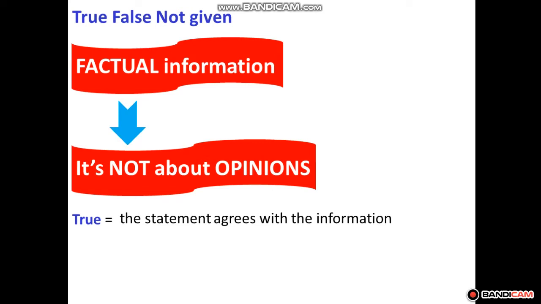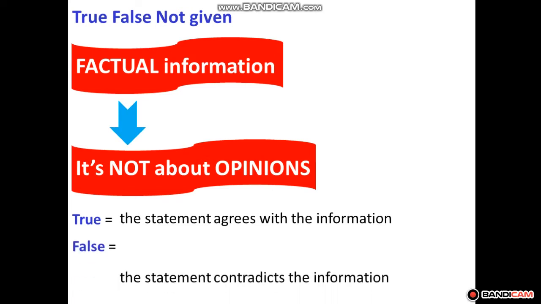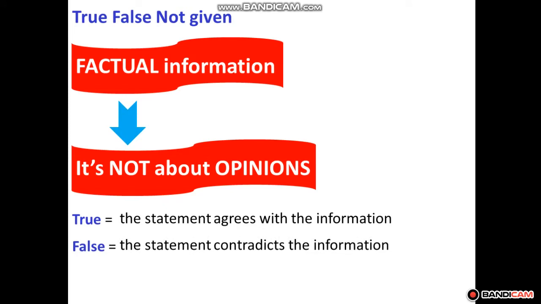False means the statement contradicts the information given in the passage. And not given means there is no information on this in the passage. The information given in the statement is not found in the passage at all. Clear? Let's move on.